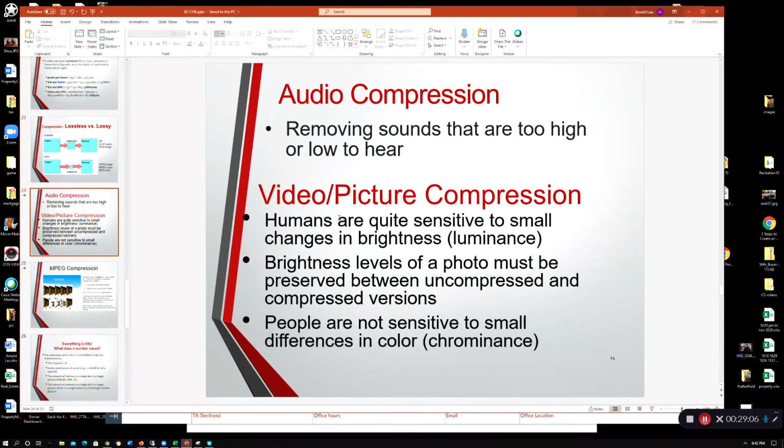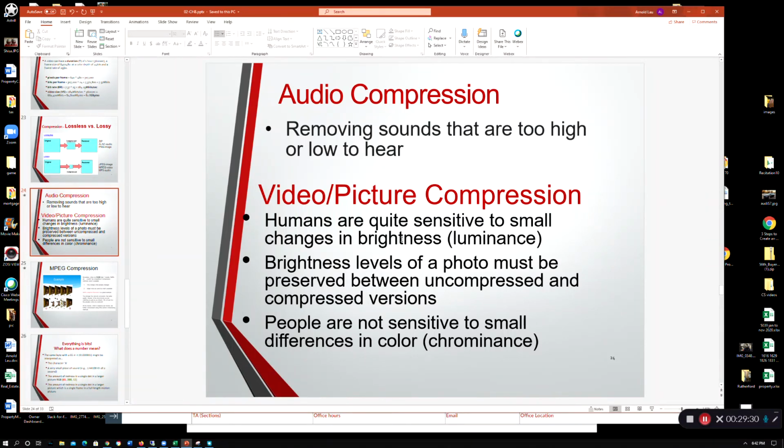Now, on the video, you are sacrificing something when you're doing lossy compression, right? You might say, well, okay, when humans look at changes in brightness, it's very easy for people to see that.